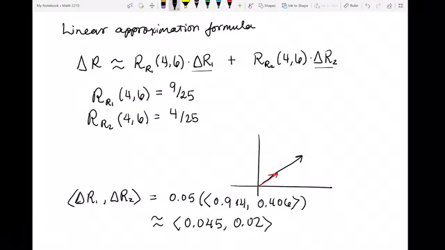And now we can plug in our delta R1 and delta R2, which we calculated here, into the linear approximation formula. So I have delta R1, delta R2 from below, right? 0.045, 0.02.